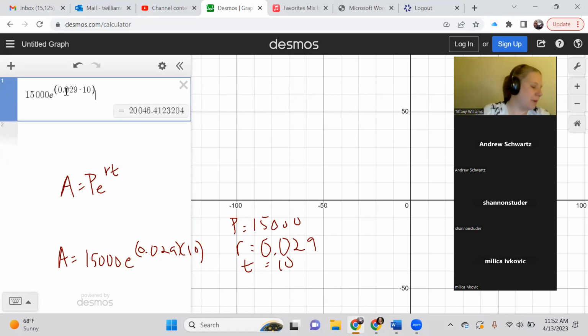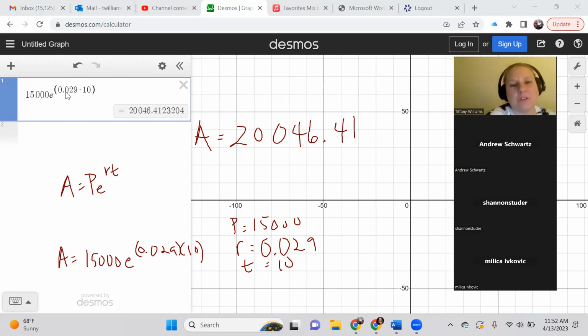And we are going to end up with $20,046.41. So our A is actually going to be 20,046.41. What's our interest earned? So how would we find that?